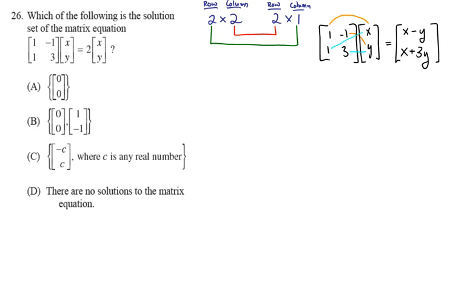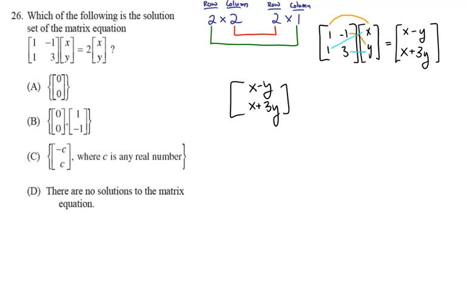So for every row in the matrix on the left, there will be a corresponding row in the answer matrix. Then for every column of the matrix on the right, there will be 1 column in the resulting matrix.